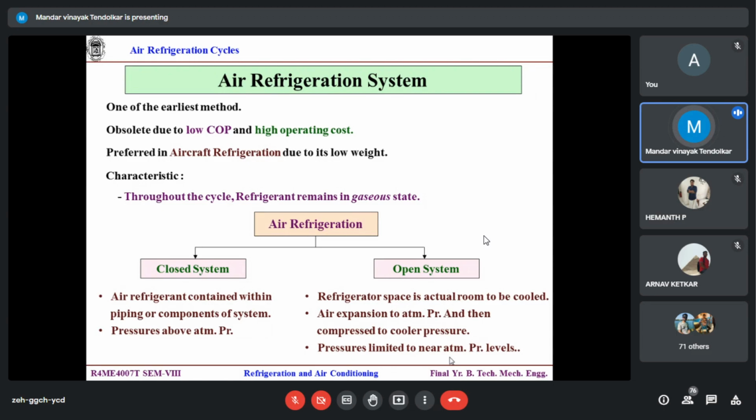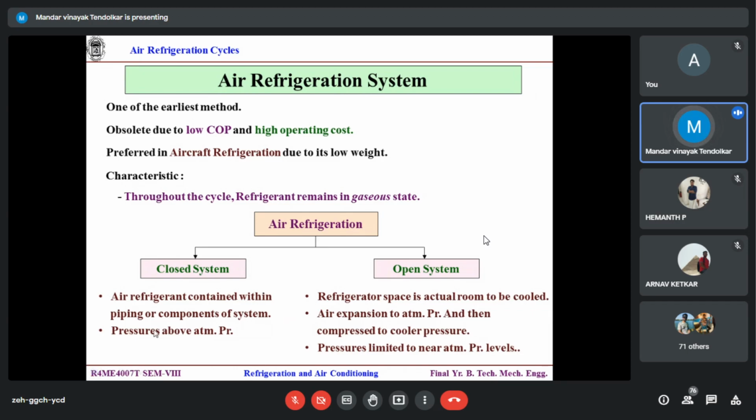Now, what is the biggest problem, or the comparison, is that since this is a closed system, even if there is any kind of leak, everything is operated at higher pressure, so you can detect it very easily. Here there is no such chance, and since it is open to the atmosphere, moisture also may get inside the system. Then there is a big problem because at the time of expansion, this moisture gets frozen and blocks the passage.